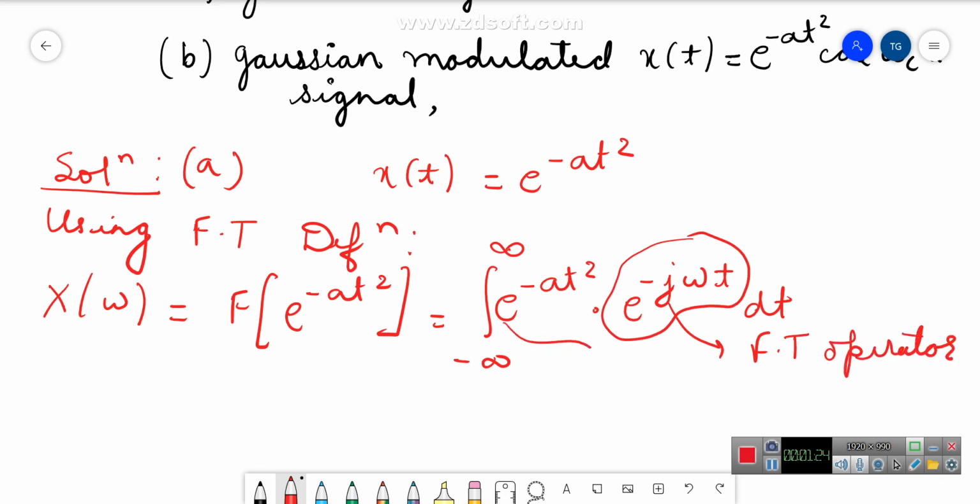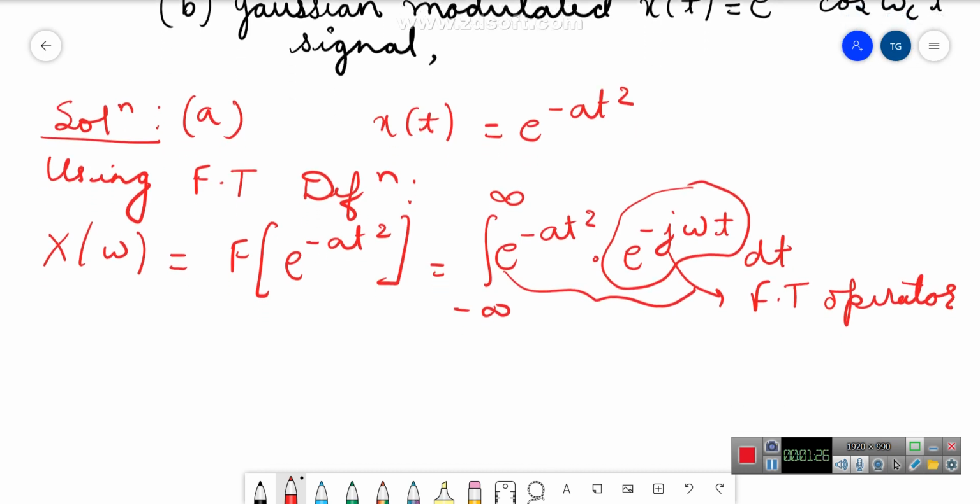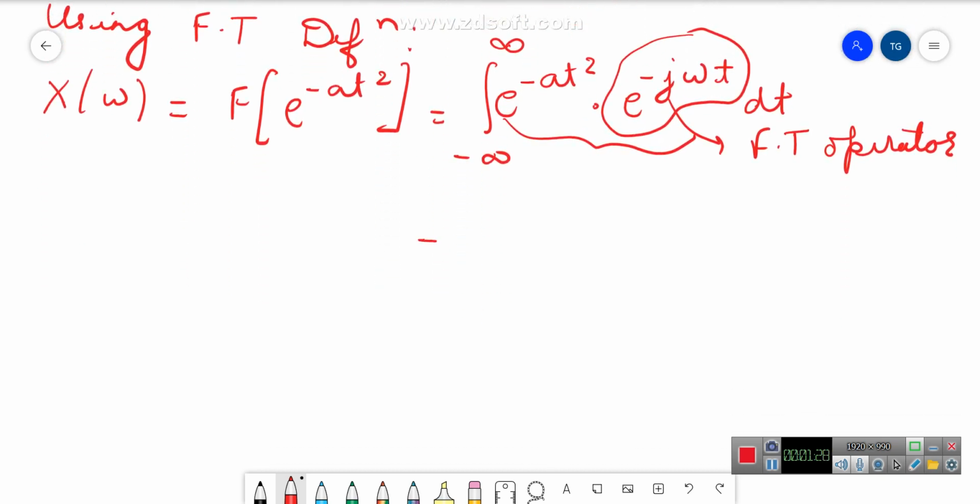Now clubbing these two terms, what we will get here is e to the power minus a t square plus j omega t.